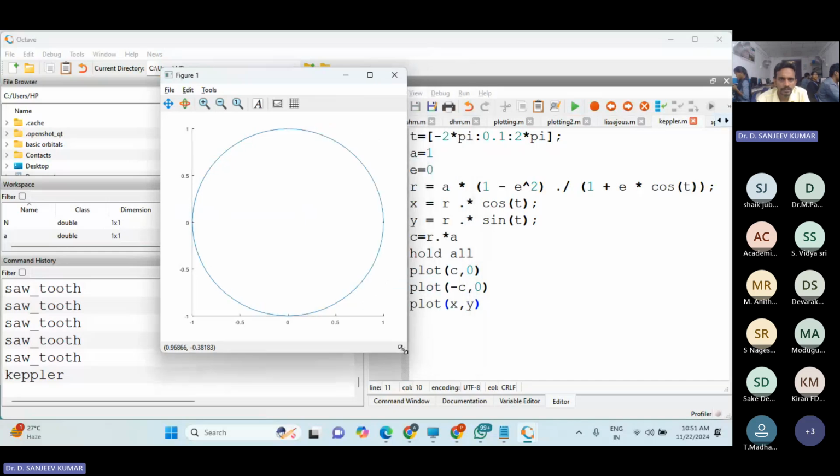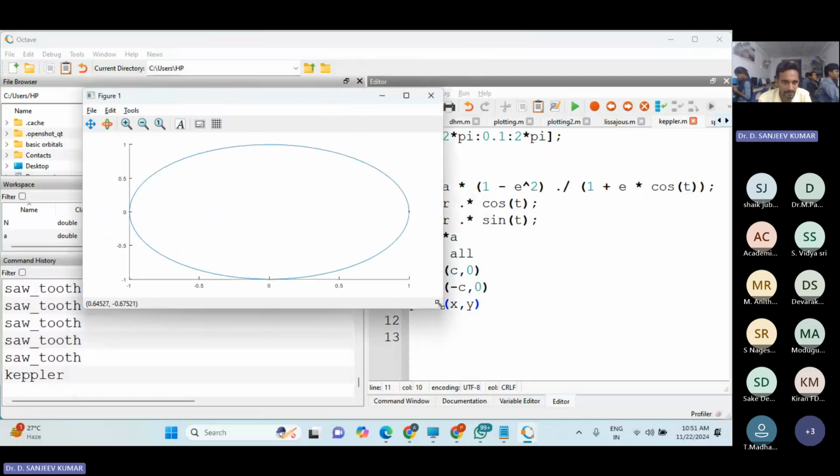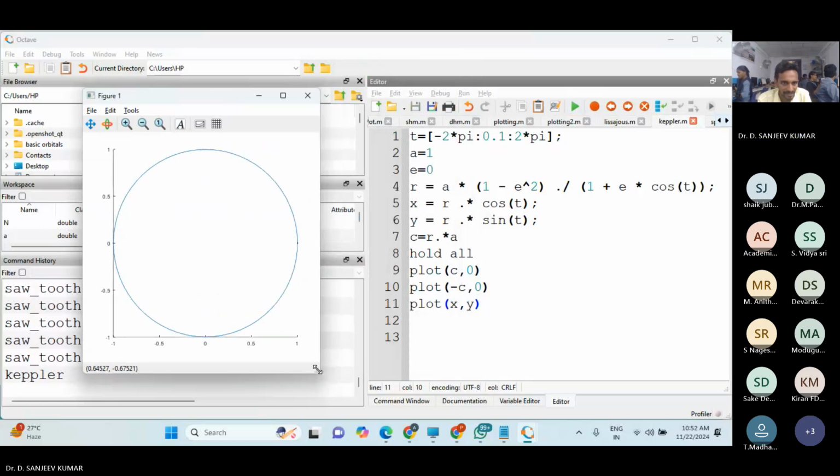So if I run that, I get a circle. I mean, if you stretch it, you'll see any shape that you want. But to confirm the shape of it, you have to see the scale. So it extends from -1 to +1 along x-axis and -1 to +1 along y-axis. So it is a circle.